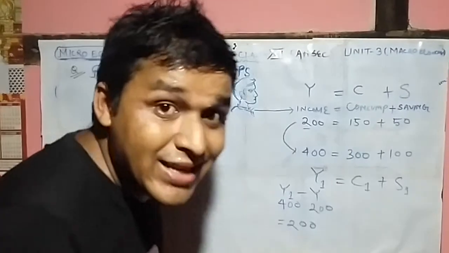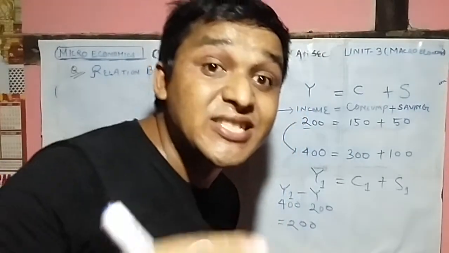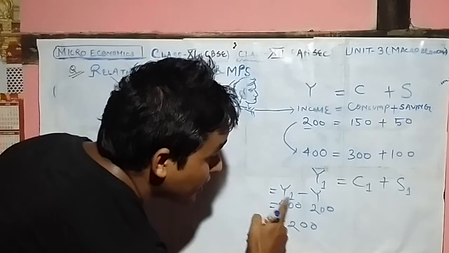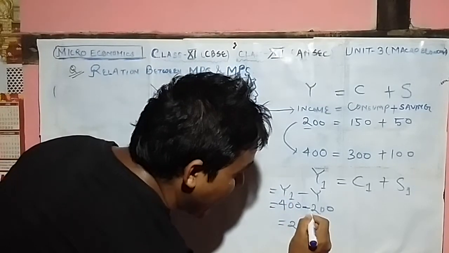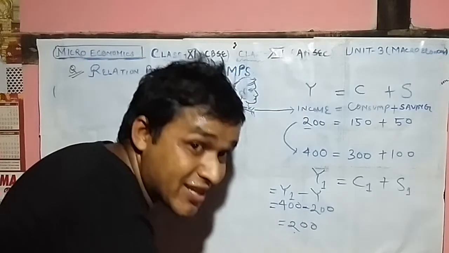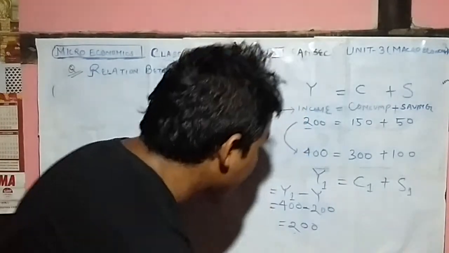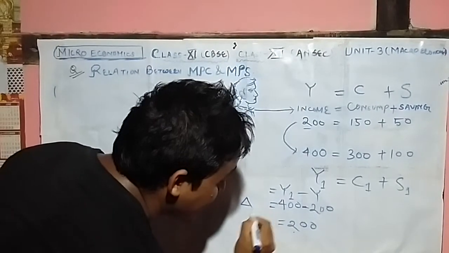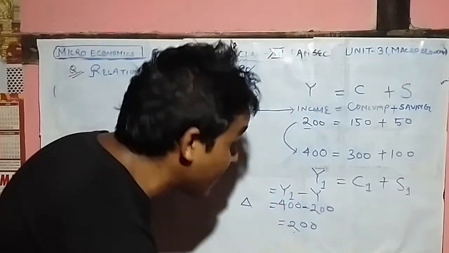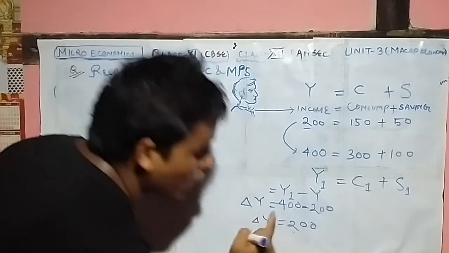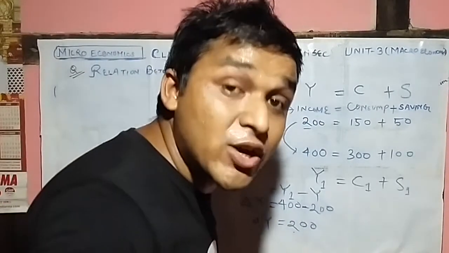Here 200 is the additional income, that is, the change in income: new income minus initial income. Change is denoted by delta, and income by Y, so delta Y equals 200.